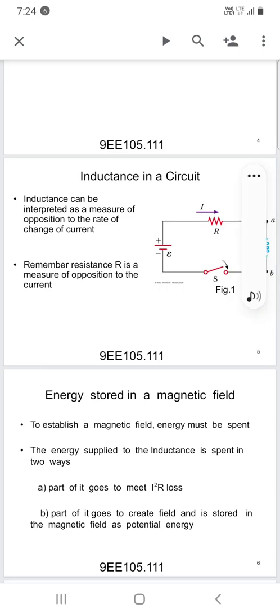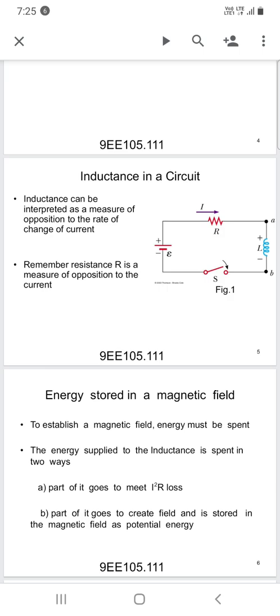The current flows from the battery to the resistance and inductance, and the inductance stores the energy. How is the work done in this circuit, that is E equal to half L I square? We have to discuss that now.